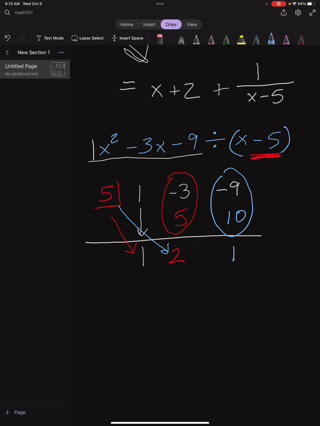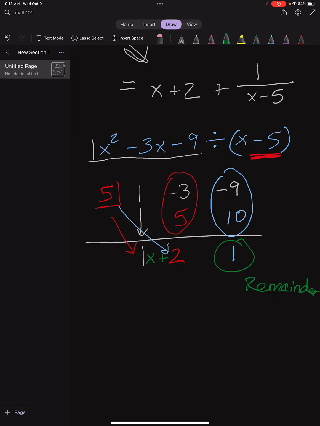And here's how this helps us. This last number is always going to be the remainder. And then the other numbers are going to be coefficients of x, where the last one does not have an x term. And then I move up to higher power. So this is 1x plus 2. Well, look at that.